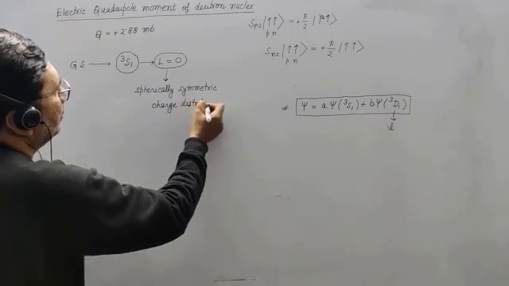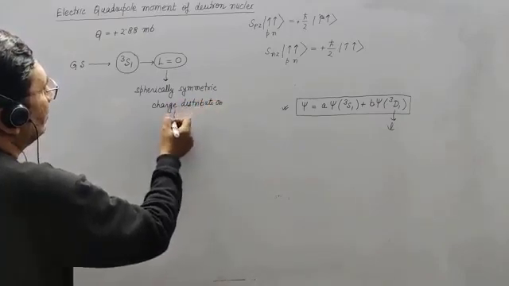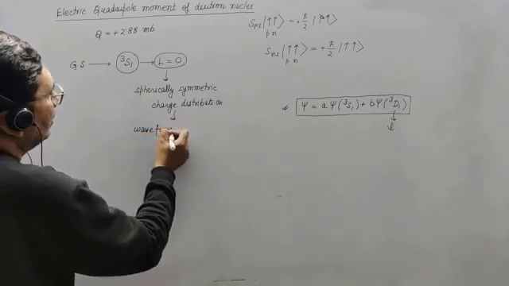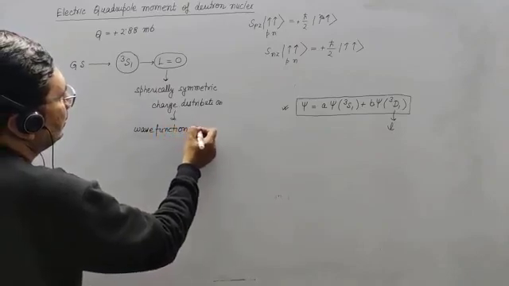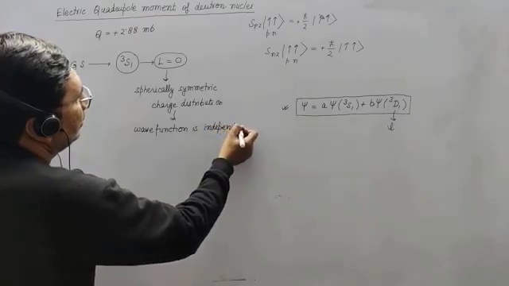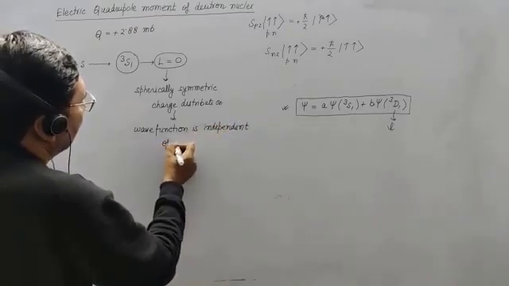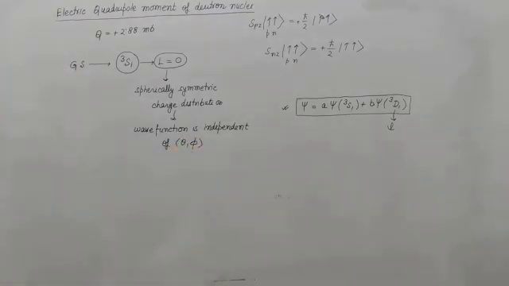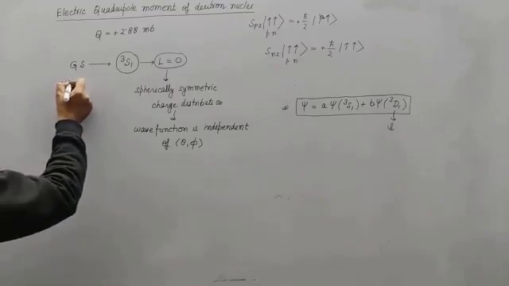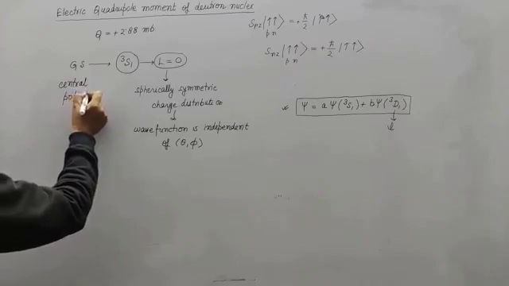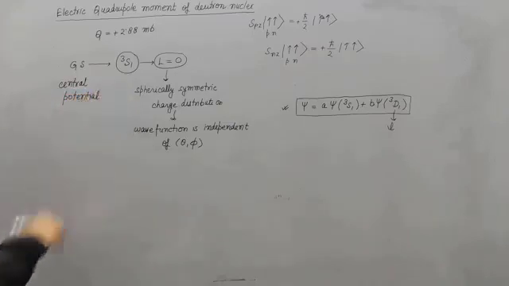Or we can conclude that the wave function is independent of theta and phi. This conclusion we can make if we are assuming a central potential. So there will be a spherical charge distribution as well as the wave function will be independent of theta and phi.